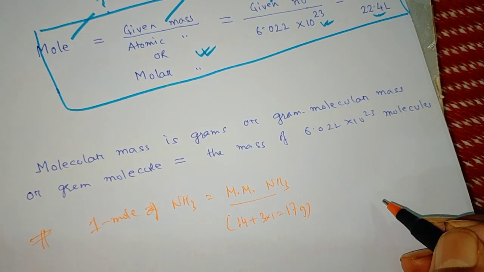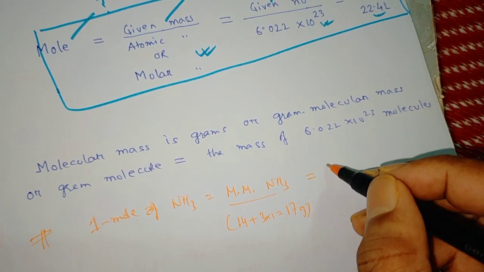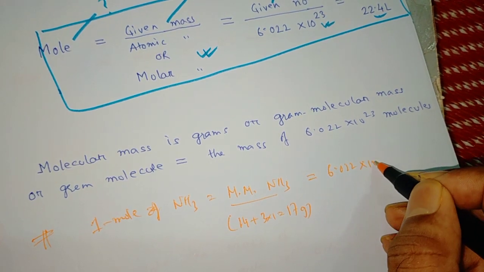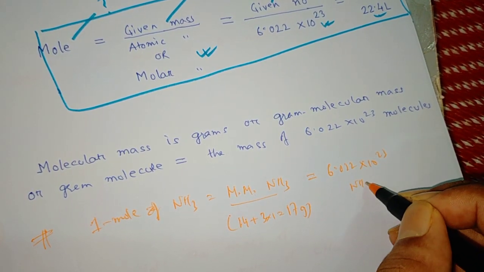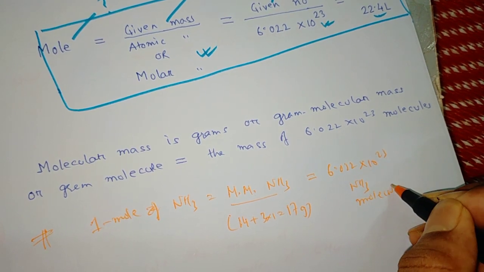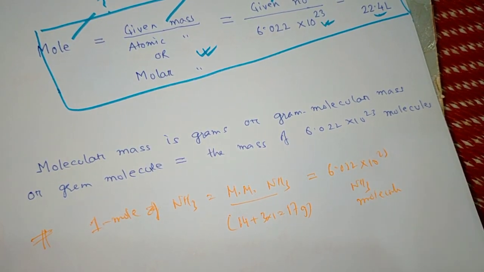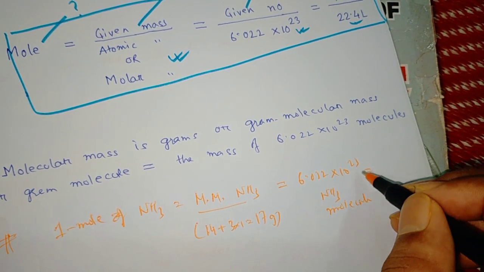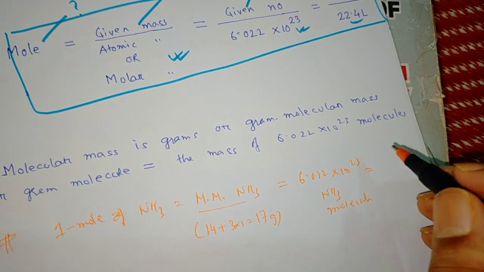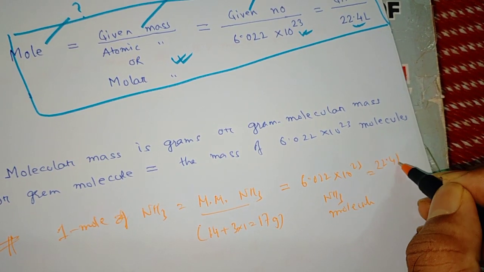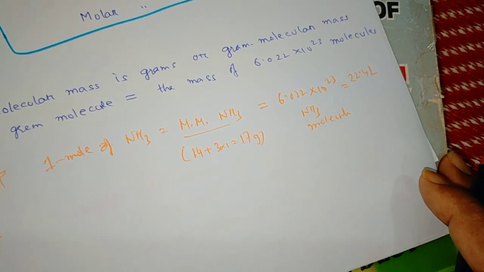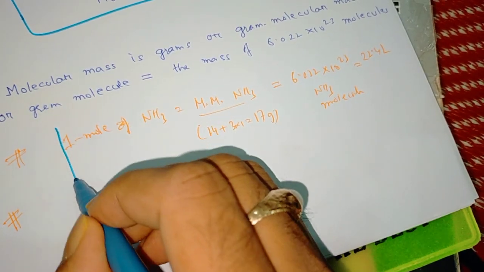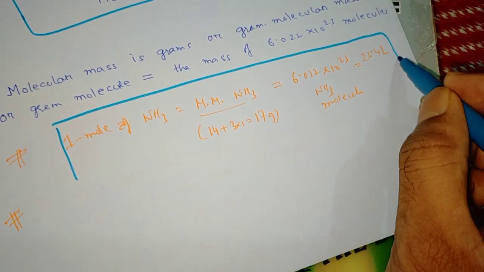This equal to 17 gram of ammonia, which again equal to 6.022 × 10^23 ammonia molecules. And if you want to know what will be the volume of these ammonia molecules, that should be your 22.4 liter. So that one, the main thing that you have to learn about the mole concept.